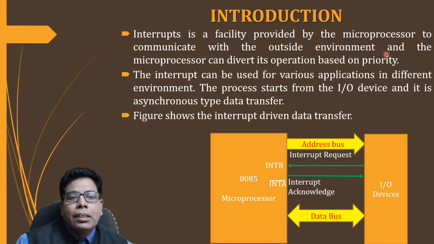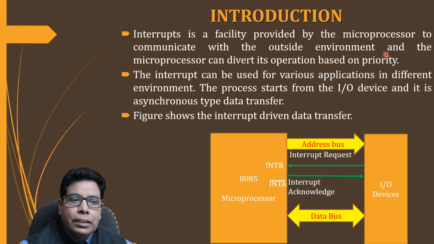For example, they can be used for processing keys pressed, that is for a keyboard, or they can be used for getting a signal converted from analog to digital. So the process starts from an IO device, and it is an asynchronous type of data transfer.